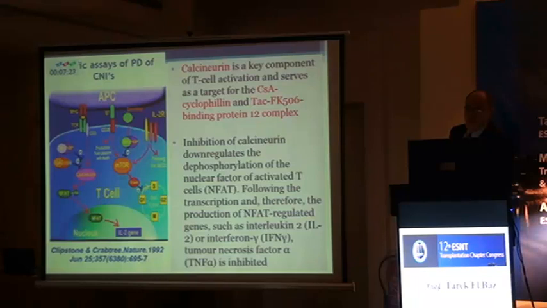Inhibition of this signal of the calcineurin downregulation occurs, preventing the dephosphorylation of the nuclear factor of activated T cells. This would result in the prevention of the transcription and therefore the production of NFAT-regulated genes that will translate into interleukin and IFN gamma and tumor necrosis factor alpha, all of which would help in proliferation of T cells.